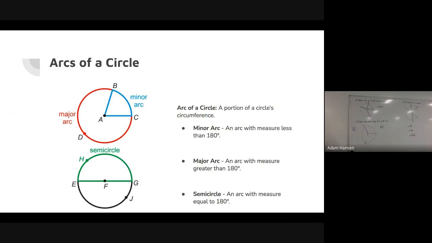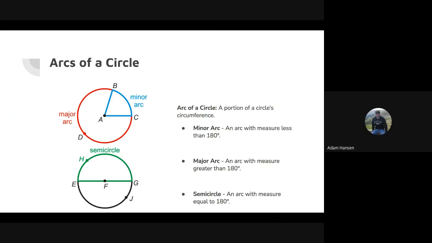How many degrees is a full circle? One whole rotation in degrees is how much? 360, that's a full circle, right? What would half of a circle then be? 180. So wouldn't a minor arc just be less than half a circle? By definition, you bet. Isn't this piece of the circle from B to C less than half of the whole thing? Right.